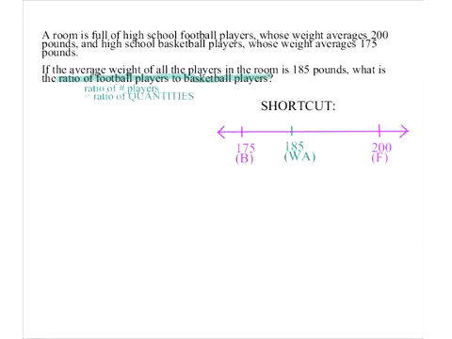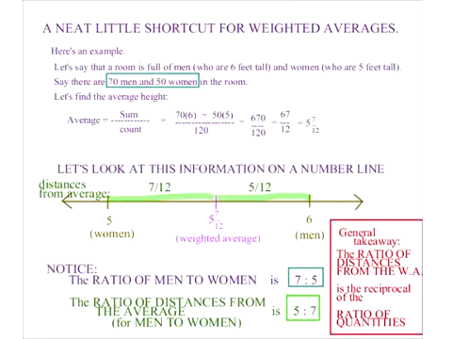So the ratio we want, which is number of football players to number of basketball players, is equal to, notice again, the quantity ratio is the reciprocal of whatever the ratio of these distances are on the number line, as long as you keep the quantities in the same order.